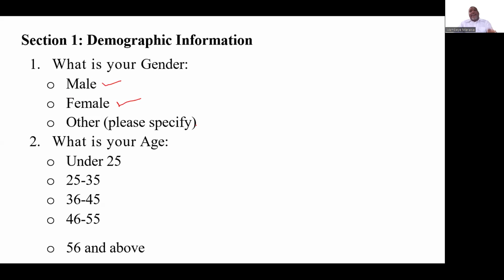So the variable we are dealing with here is gender. And we are going to code male as 1, female as 2, and others as 3.